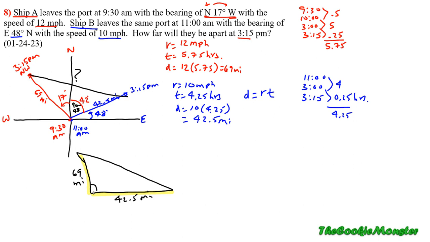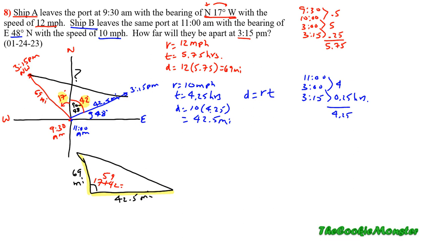To get this entire angle, we simply take that 17, take that 42, and add those up. That will give you 59 degrees. So now we know what the included angle is.